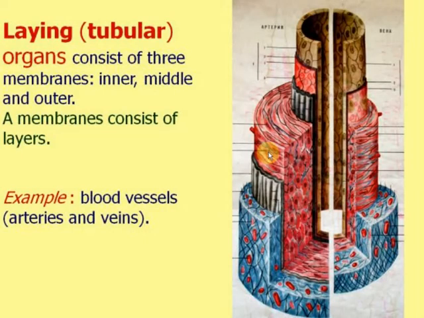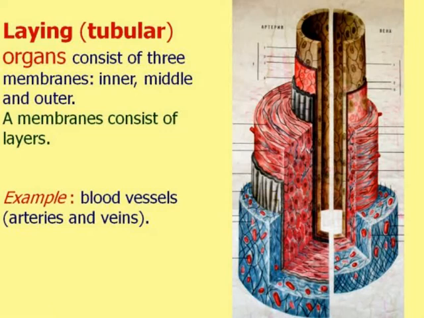Line, tubular organs consist of three membranes, inner, middle, and outer. And membranes consist of layers.